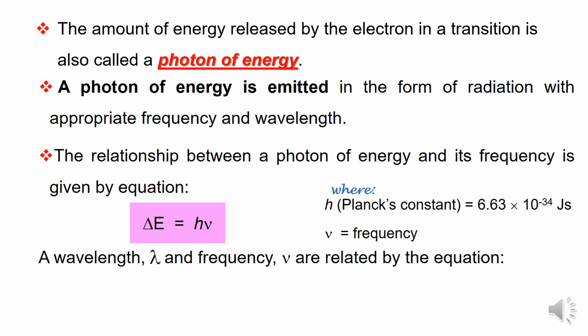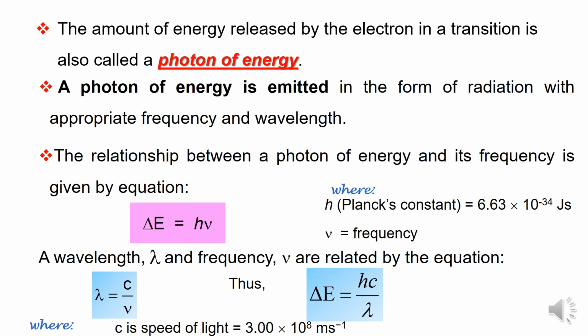Wavelength and frequency are related by the equation lambda, which is wavelength, equals c over nu. Thus, delta E equals hc over lambda, where c is the speed of light, which has a value of 3.00 times 10 to the power of 8 meter per second.